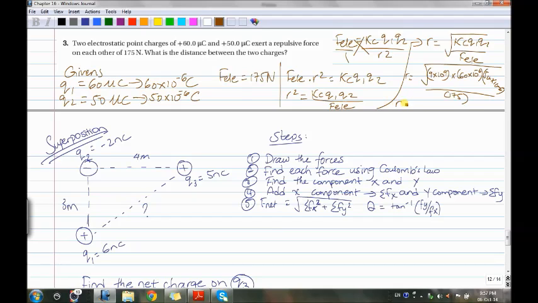So the R would be 0.392 meters. Okay, so that would be the answer.